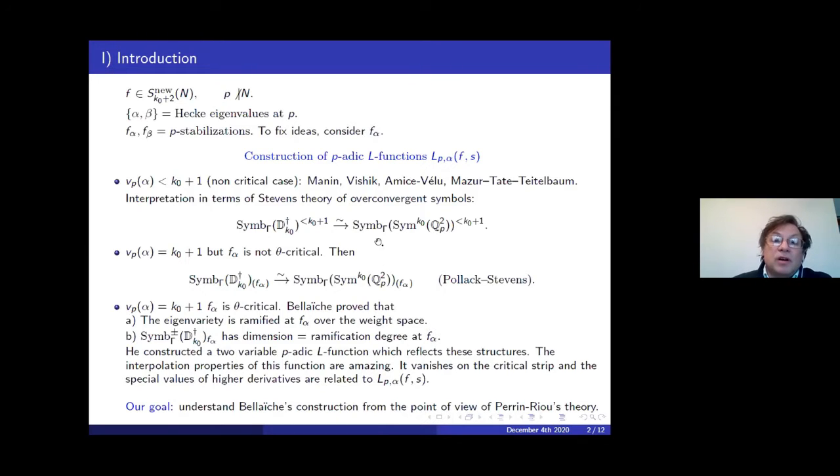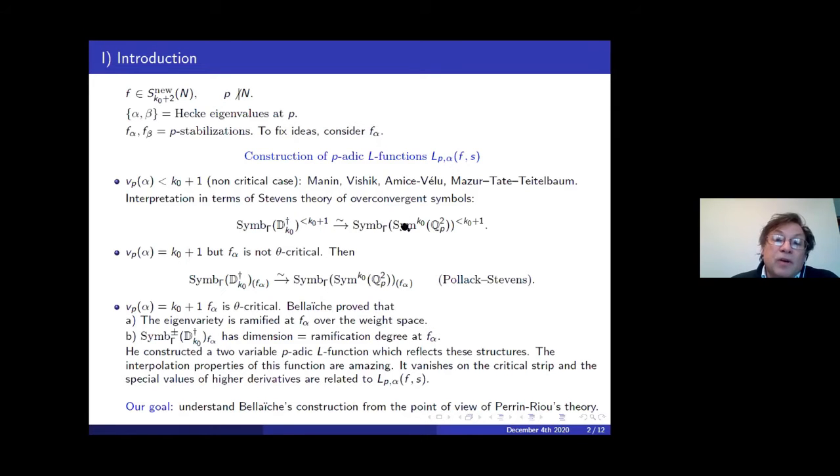Classical modular symbols appear when we consider complex values of L-functions, and overconvergent symbols allow us to construct p-adic distributions.